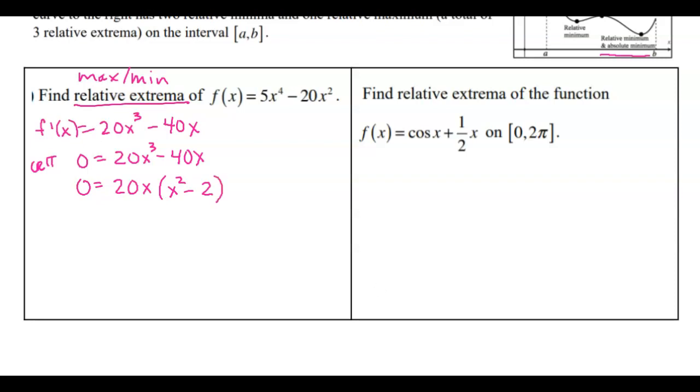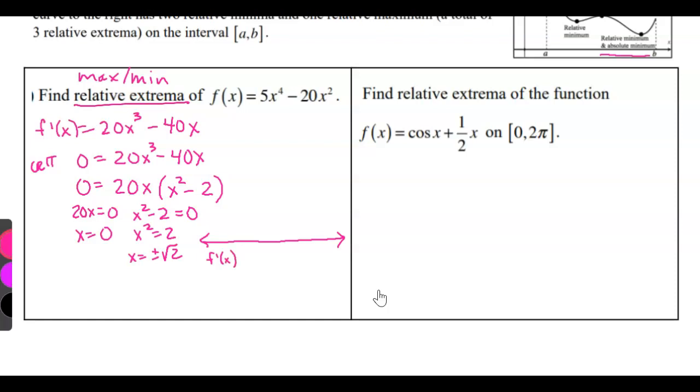And we set those equal to 0. So divide by 20, add 2, take the square root. Okay, so on a sign chart, this is my derivative. We're going to label them. So we have 0, we have negative root 2, and we have positive root 2.